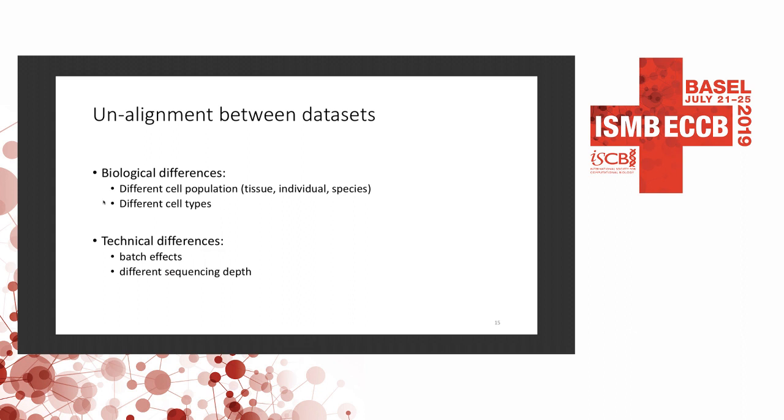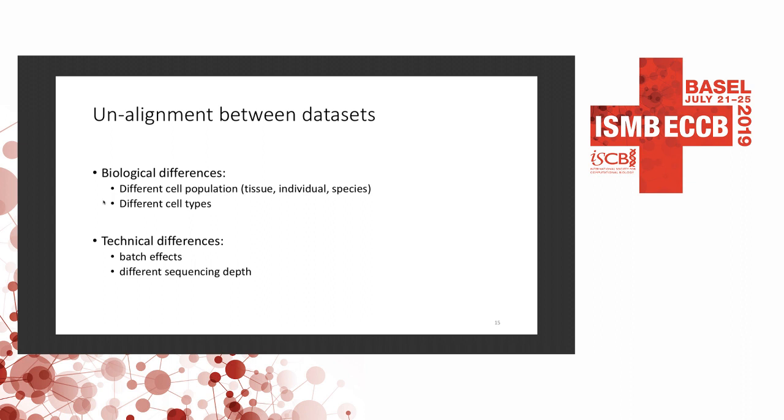So why do we see unalignment between data sets? First, there are biological differences. When you are measuring different individuals or different tissues, for example, cancer tissue or normal tissue, there are different cell populations.